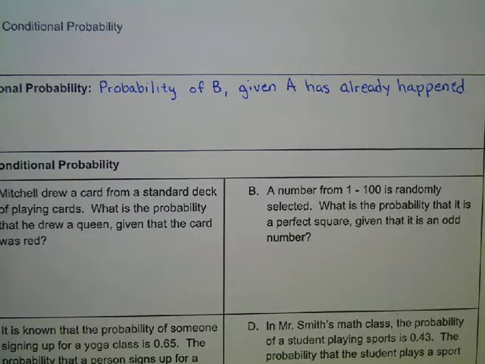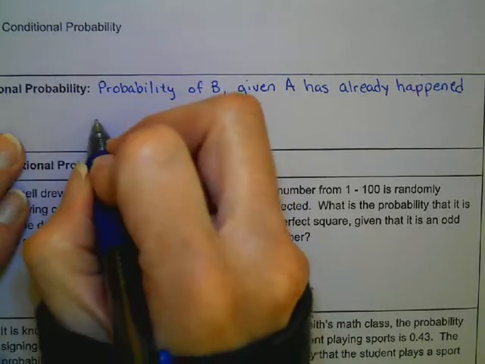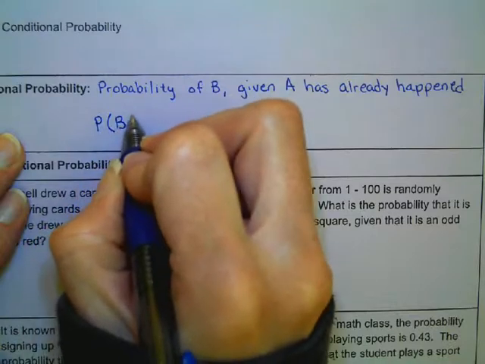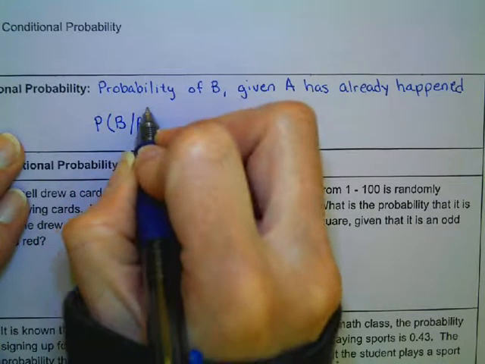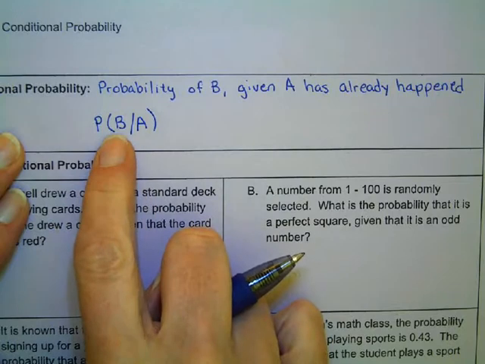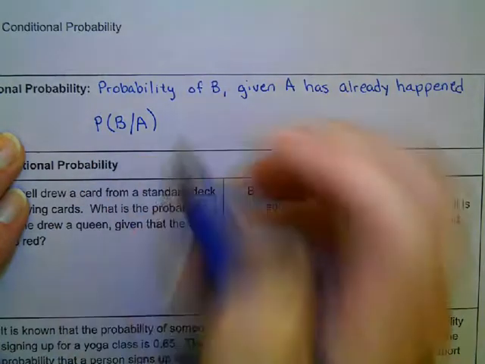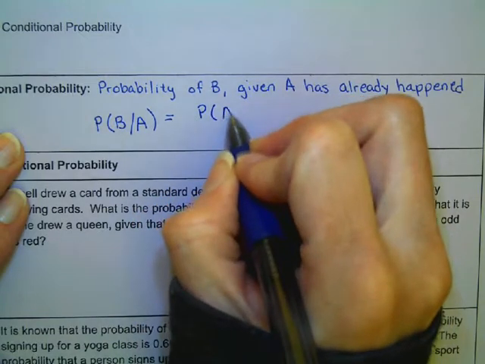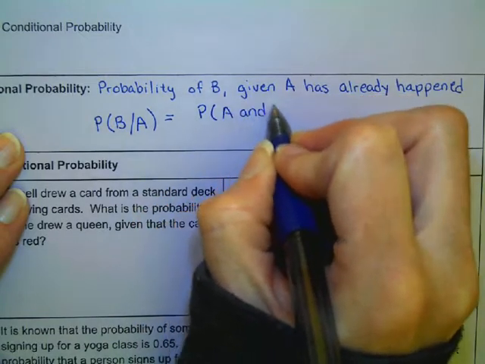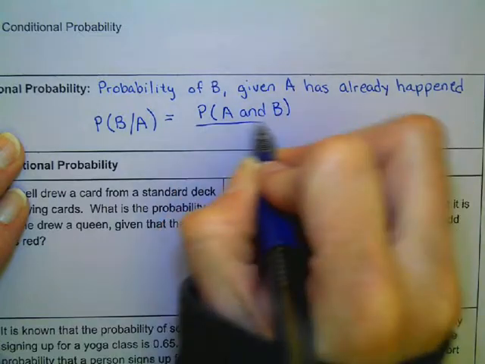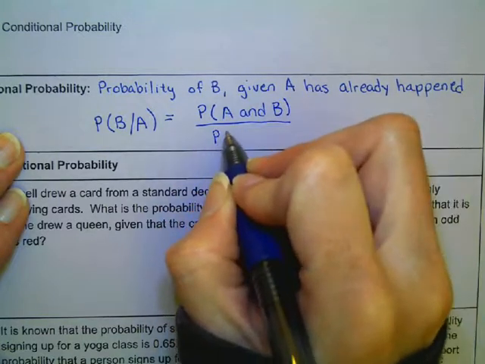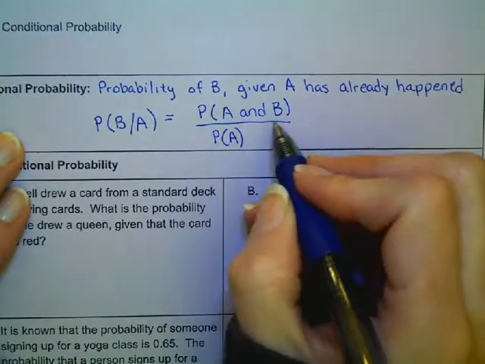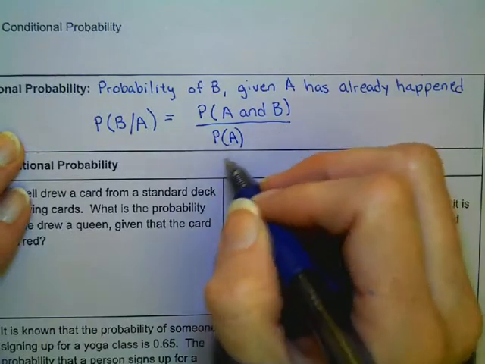So they write it like this: probability of B slash A, and this slash sign means probability of B given that A has already occurred. So it looks like probability of A and B divided by the probability of A. So the probability of these two things happening, divided by the probability that A has already happened.